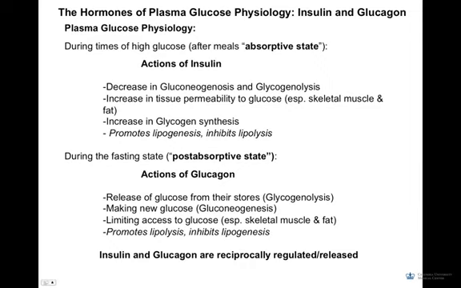Insulin allows for the insertion of those GLUT4 transporters and therefore increases the permeability to glucose of these tissue types, the skeletal muscle, fat, and liver. Insulin is what increases the enzymes necessary for glycogen synthesis, and it also increases the enzymes necessary for lipogenesis and inhibits the enzymes for fat breakdown.